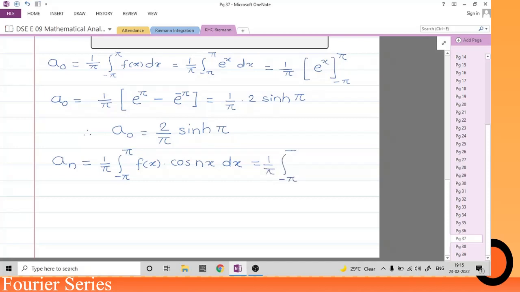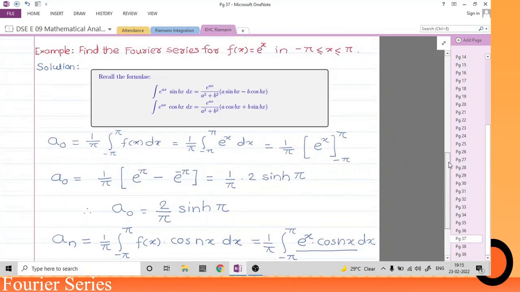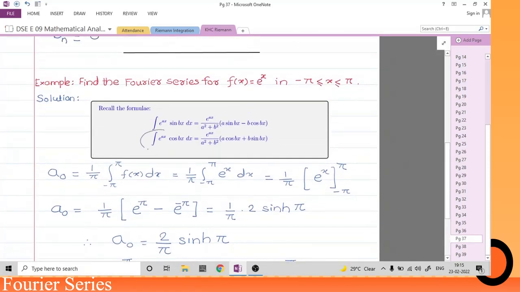Integration minus pi to pi, function f of x is e raised to x into cos nx. Now to evaluate this integral e raised to x multiplied by cos nx, we use the above stated formulae.